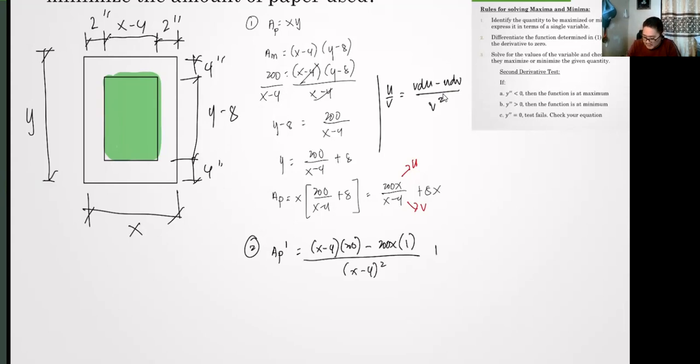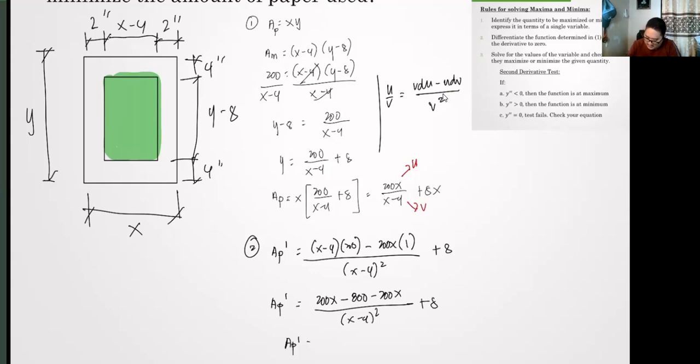Okay? Plus 8. Simplify. AP prime is equals to 200x minus 800 minus 200x all over x minus 4 squared plus 8.